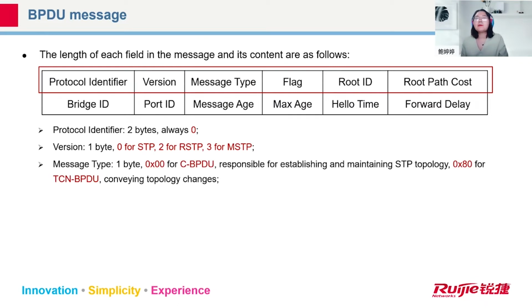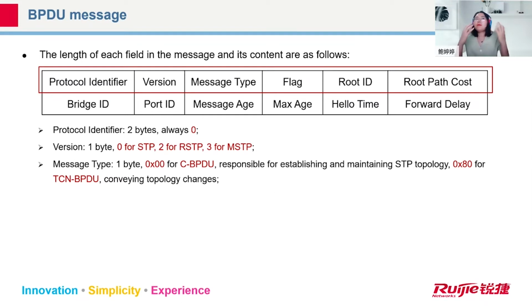And the next one is the message type. This part is very important for us. It has 1 byte. And if the value is 00, that means this is the C BPDU. C is a configuration BPDU. And the configuration BPDU is used to establish and maintain the STP topology. What does that mean?